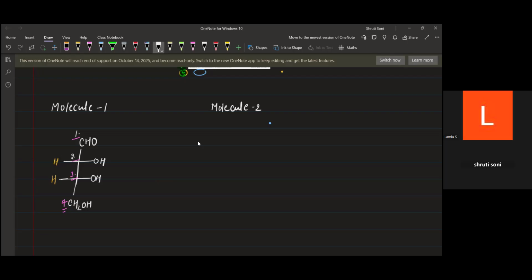It's like the same, just flipped, like the OH and H are flipped. That's all, I think. Exact same structure.